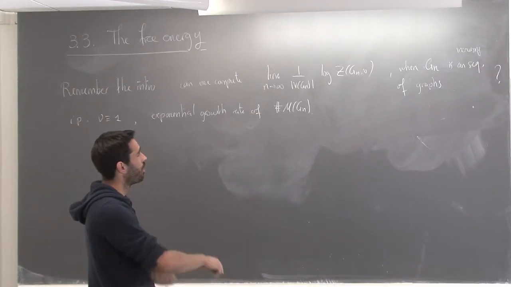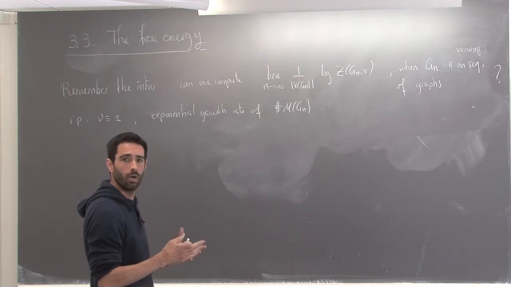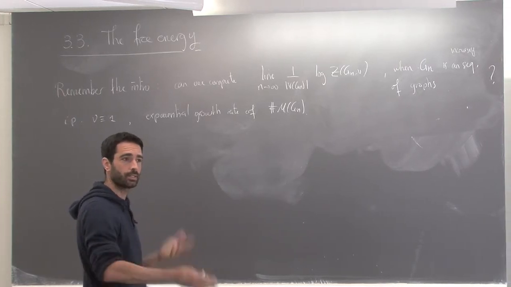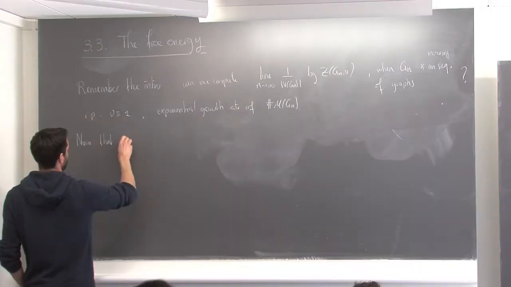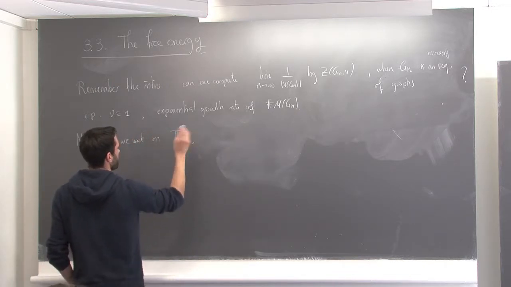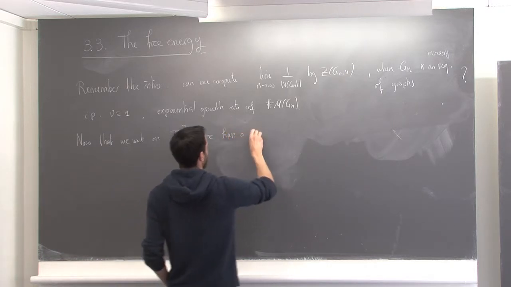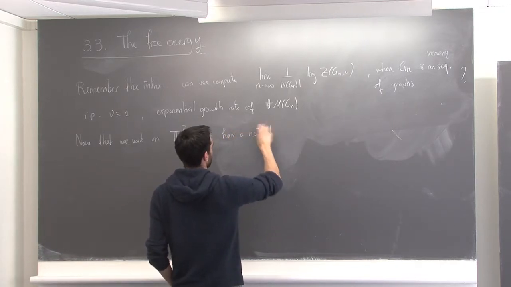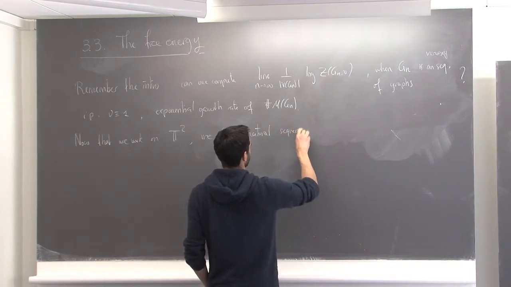And of course, the first problem that you have when you ask this question is what kind of sequence do you take as sequence of larger and larger graphs, increasing sequence of graphs? That we work on the torus. We have natural sequences of graphs.